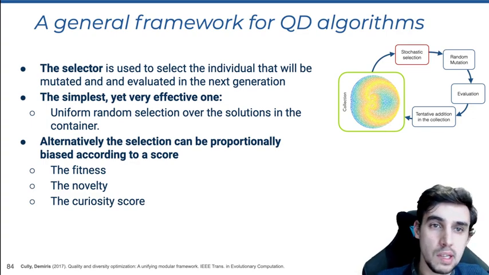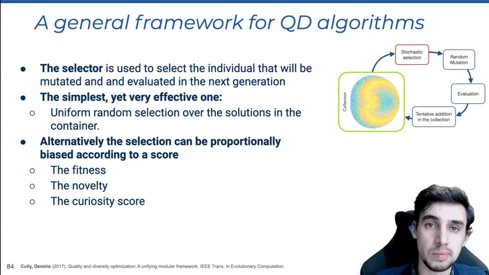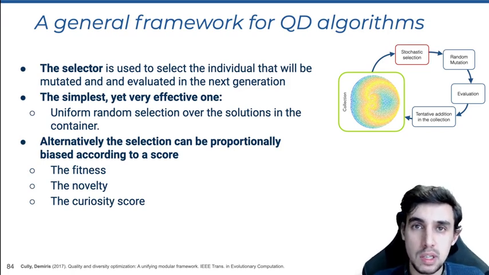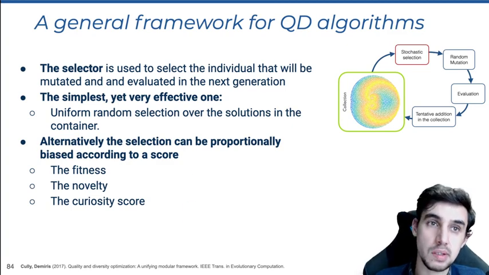Again, you won't be asked in the exam to know those different elements and concepts, but it's just interesting for your own knowledge about this domain to know that more complex variants of this algorithm exist.